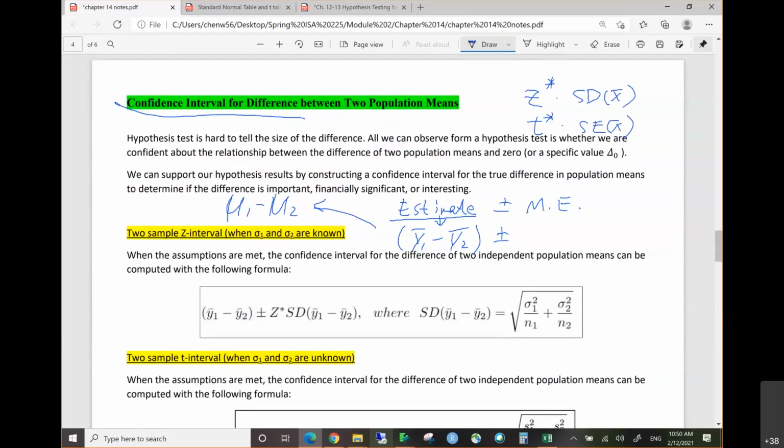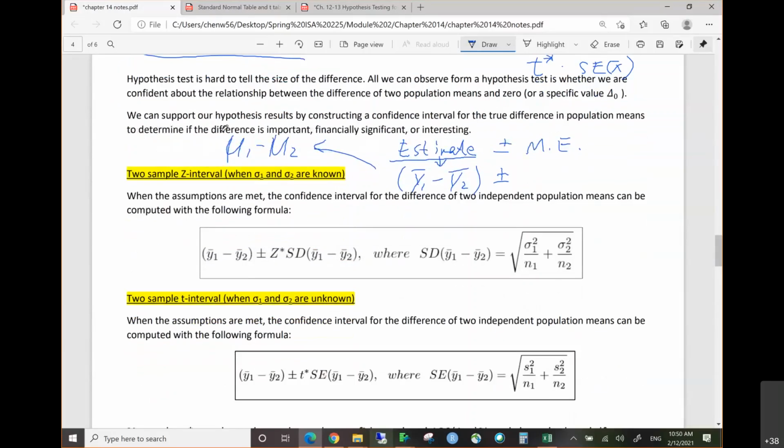Again, similar idea. For the confidence interval of the difference between the two population means, the margin of error is still either z star or t star. When the population standard deviations sigma 1, sigma 2 are both given to you, then you use the z star, times the standard deviation of y1 bar minus y2 bar.